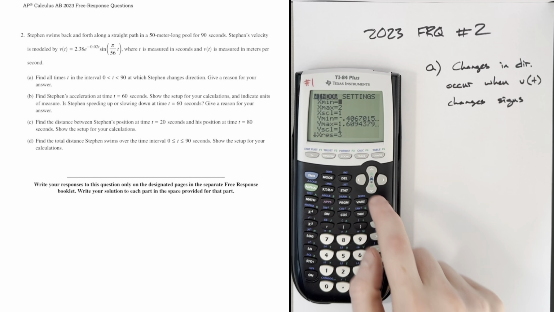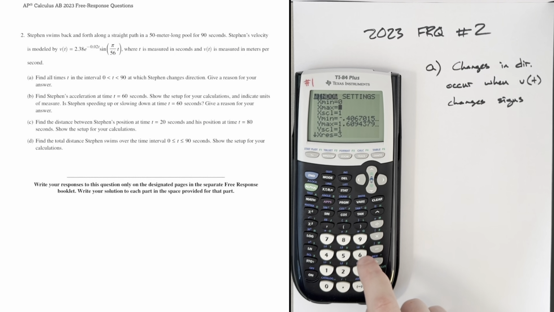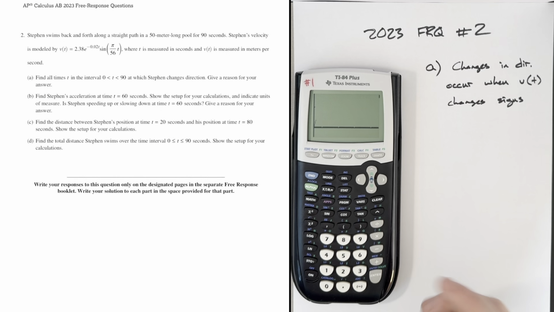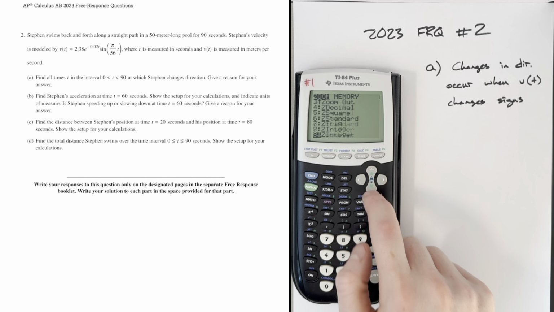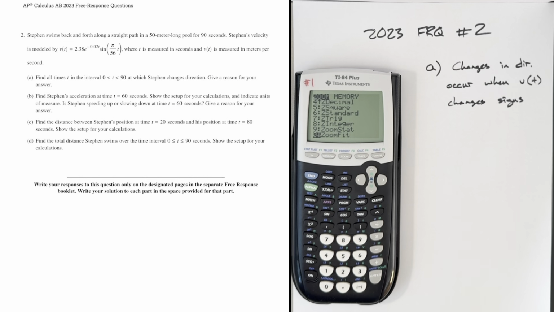So I'm going to go to window. My x minimum's already at 0, but I'm going to make my x maximum 90 so that I get the full graph. And now we can see a lot of it, but there's kind of this one part at the bottom that we're missing. So what I'm going to do is go to zoom, and I like going down to zoom fit.